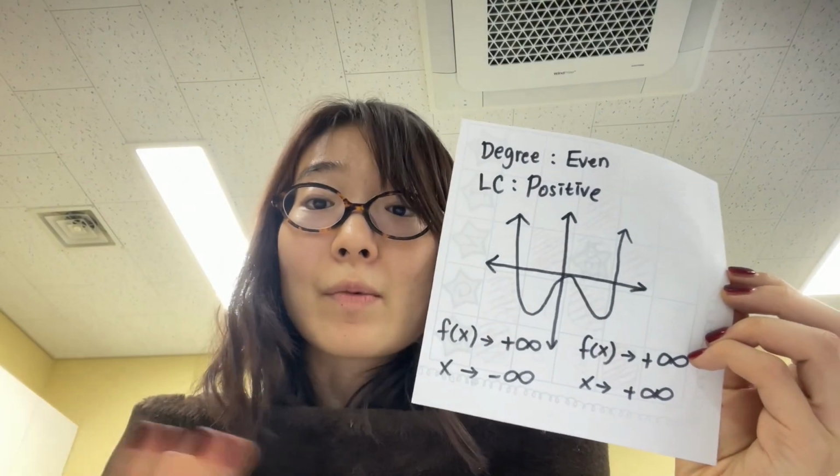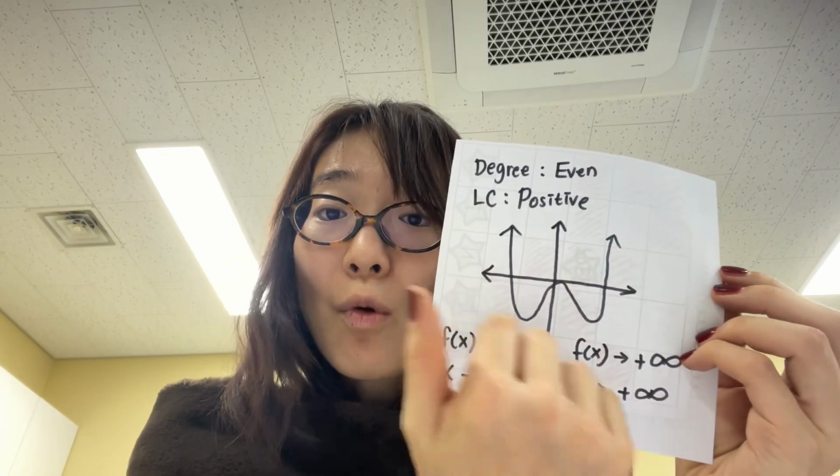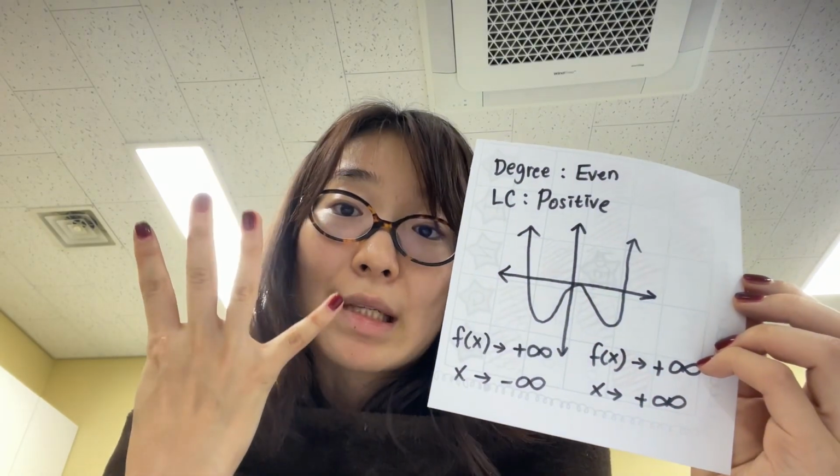Now, it's a different case when our degree is even, so constant, or like a quadratic function, like a parabola. Remember, when our leading coefficient is positive, the graph goes up on both ends, right? And when our leading coefficient is negative, it goes down. Same thing goes with what I have right now, which is a quartic function, so when our degree is 4.